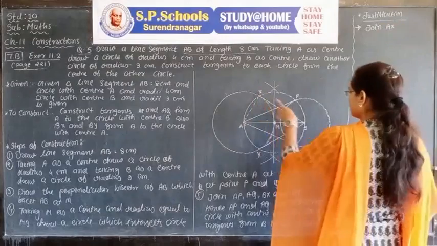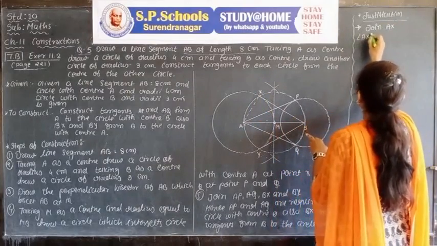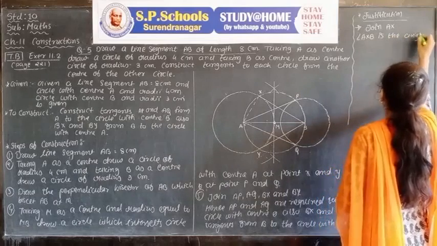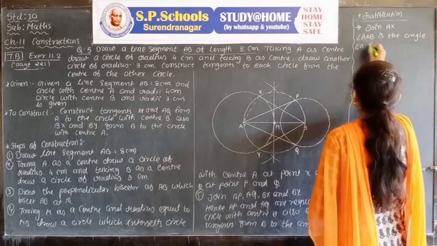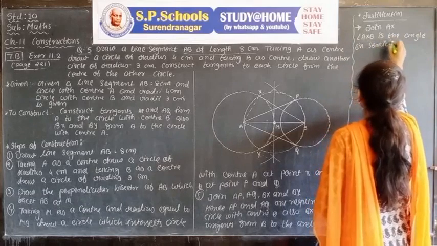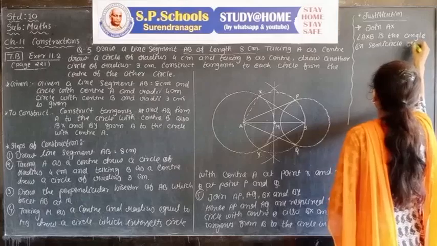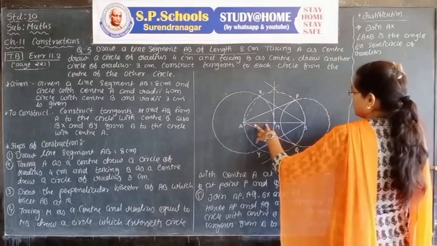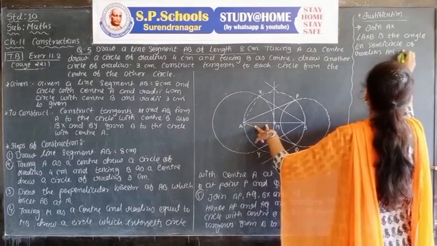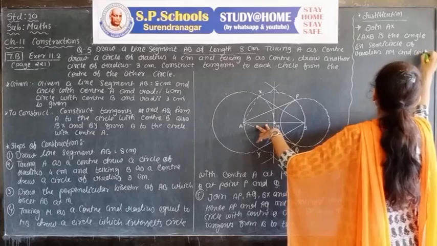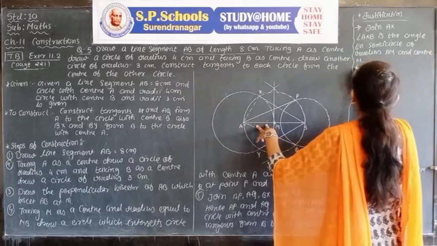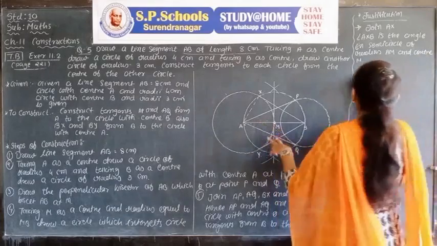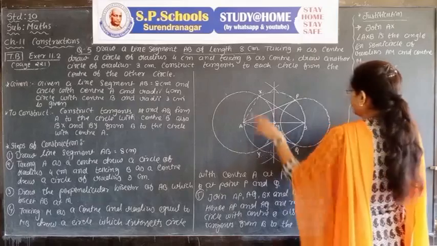Then, as we know, angle AXB is the angle in a semicircle of radius AM and center M. That's why angle AXB is equal to 90 degrees. Therefore, AX is perpendicular to BX.